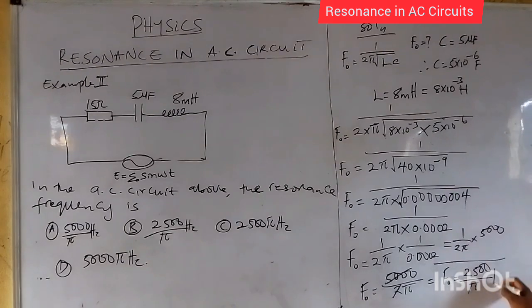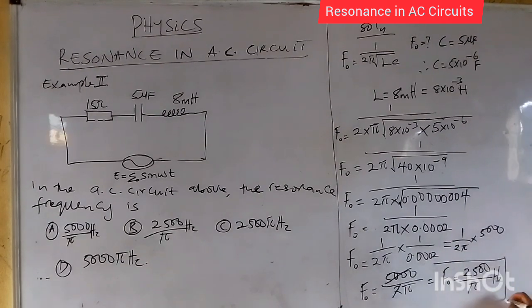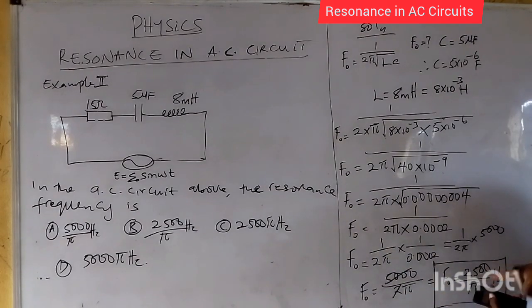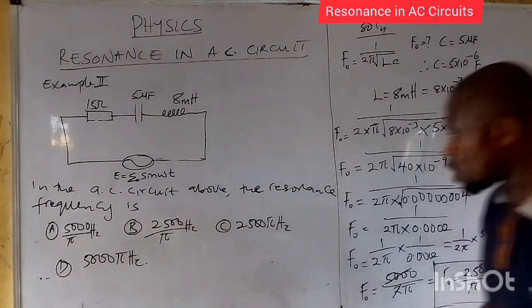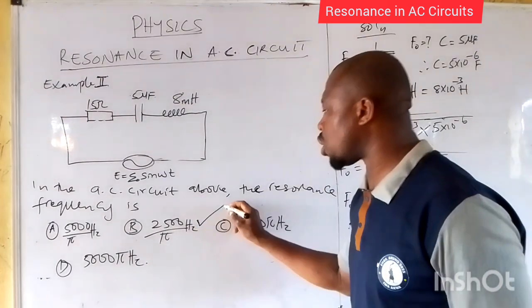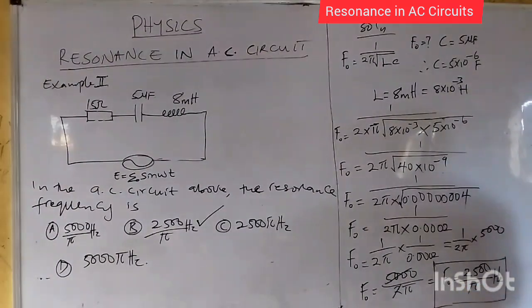So this is our answer in henrys. And of course, the answer is 2,500 over pi henrys, which corresponds to option B. So option B is our correct answer.